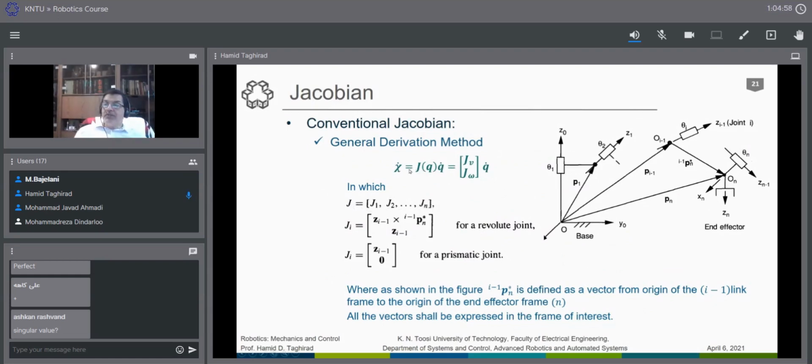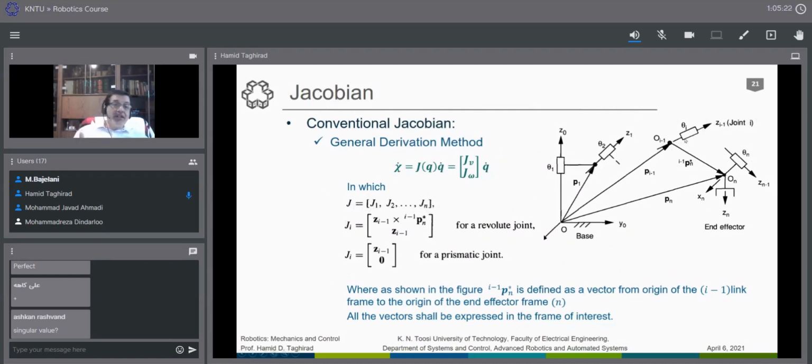This square matrix can be represented by a number of columns that we call J1, J2, and Jn, or Ji. Ji is represented for the joint i, with respect to the joint i having a zi direction.